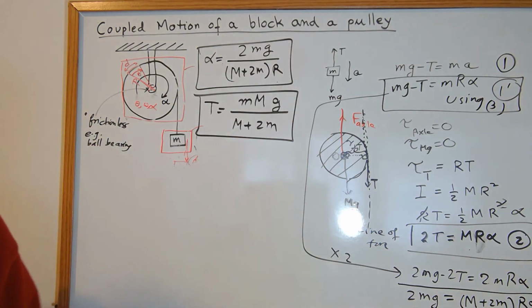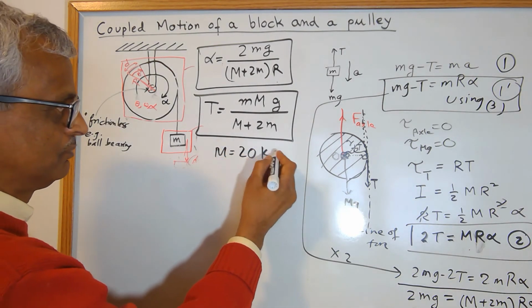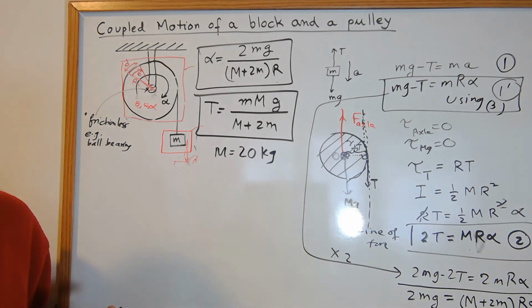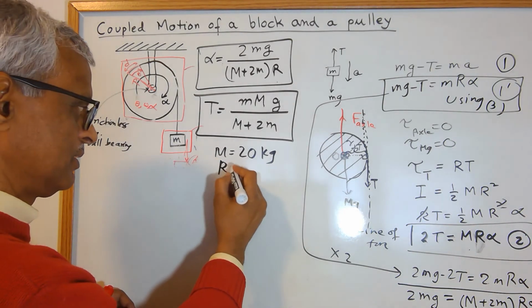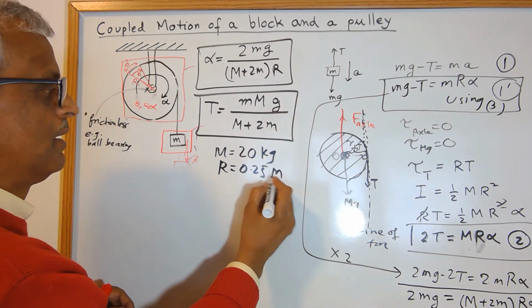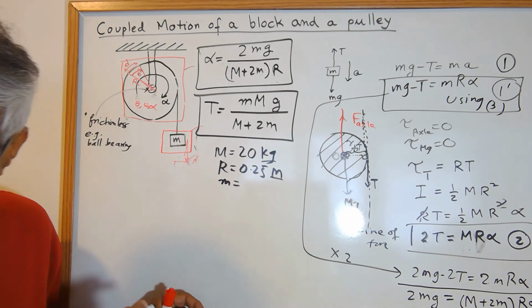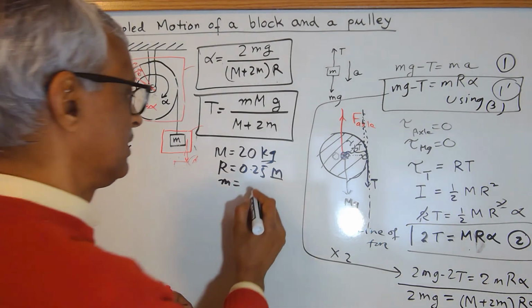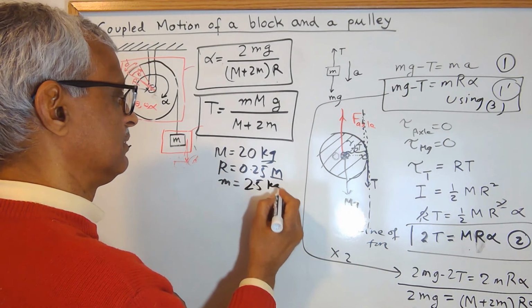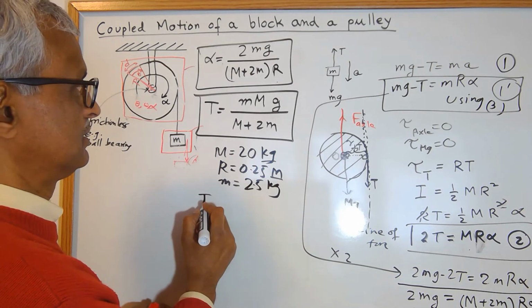Let me see what the numbers were. Big M was 20 kilogram, r was 0.25 meter, and little m was 2.5 kilogram.